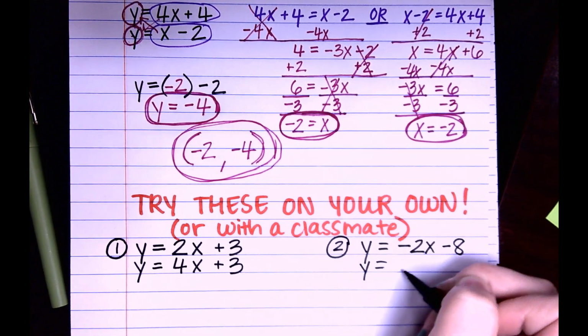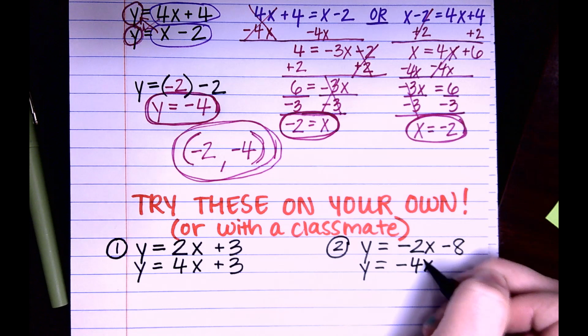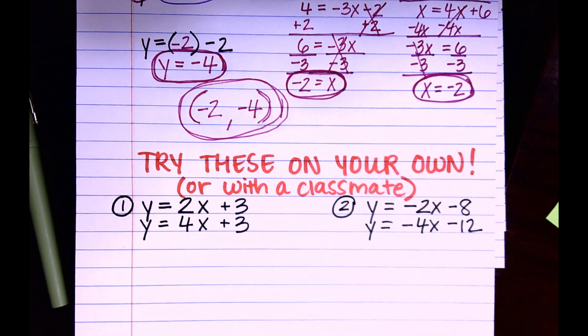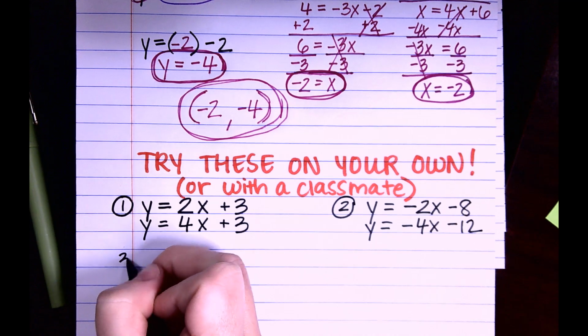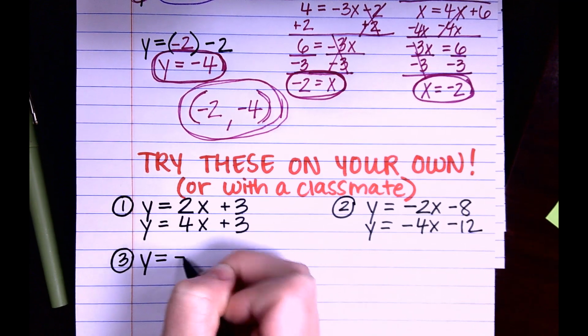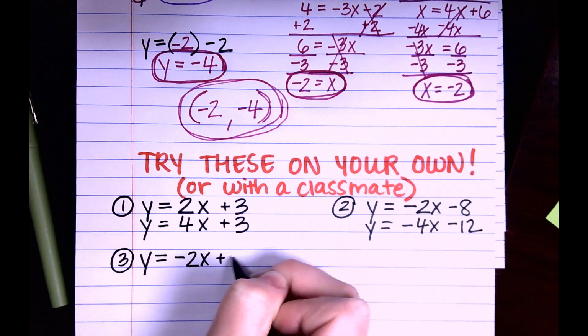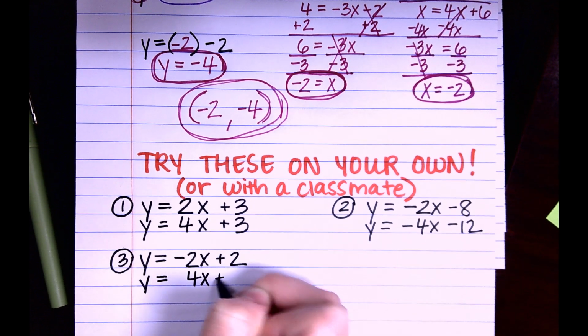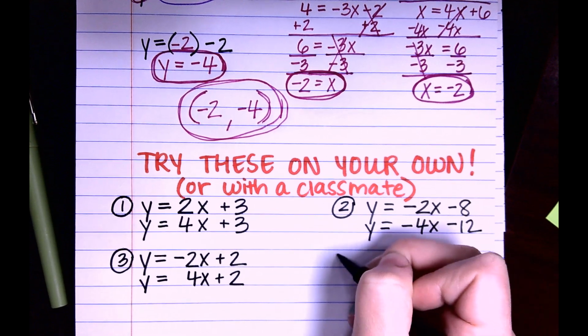Y equals negative 4x minus 12. Y equals 2x plus 2. And 4.